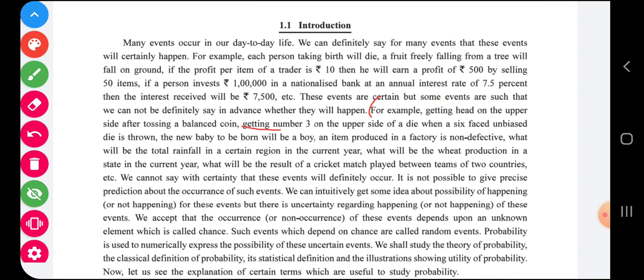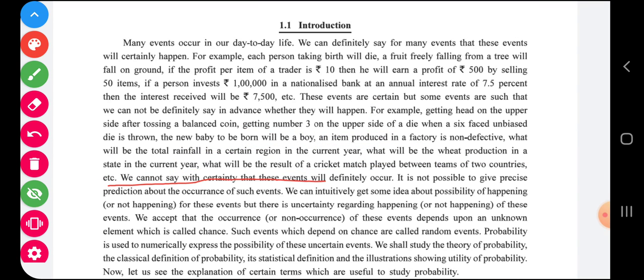Getting number 3 on the upper side when a 6-faced unbiased dice is thrown; the newborn baby will be a boy. That also cannot be predicted. An item produced in a factory is non-defective. What will be the total rainfall of a certain region in the current year? What will be the wheat production in the state in the year? What will be the result of a cricket match played between teams of two countries, etc.